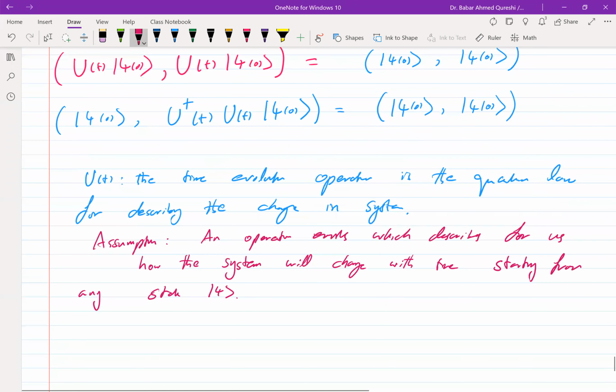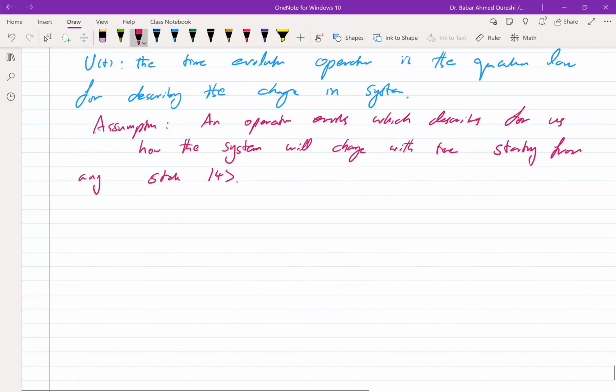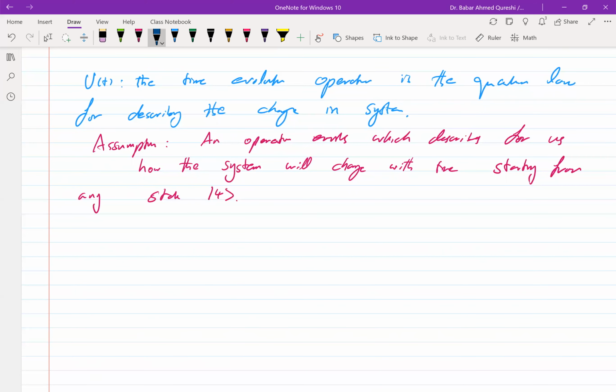So this law should be true no matter where I start from. So that means this should be true for all vector psi. So that means U dagger U is identity. This implies U is a unitary operator.